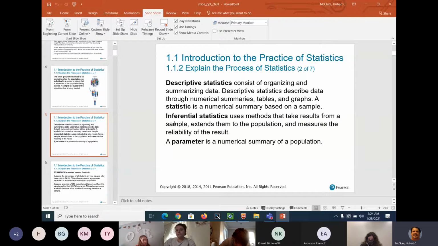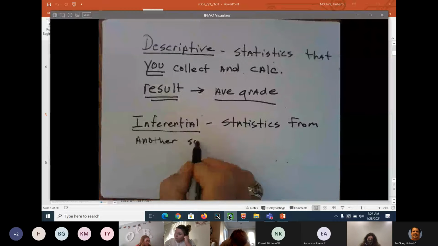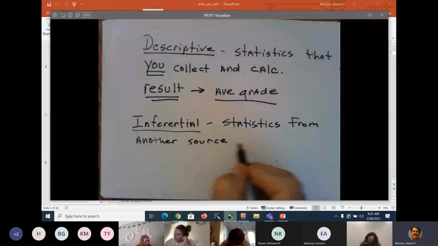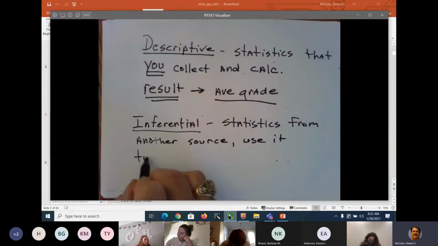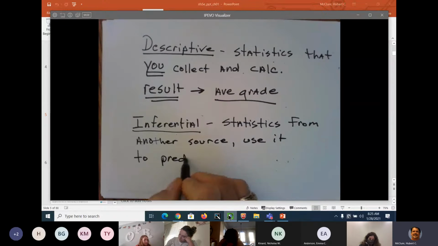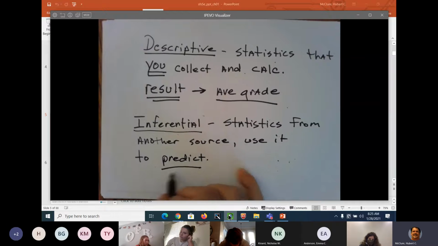Inferential statistics is statistics from another source, and you use it to predict. And the key word is to predict.